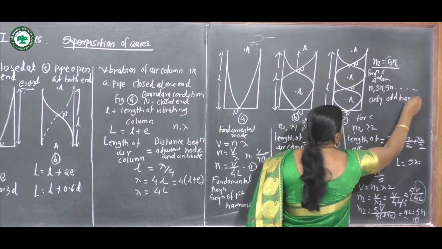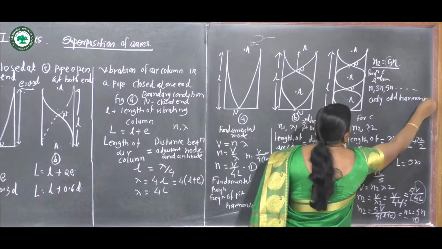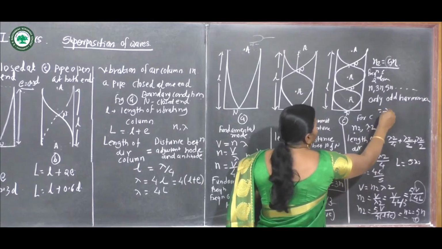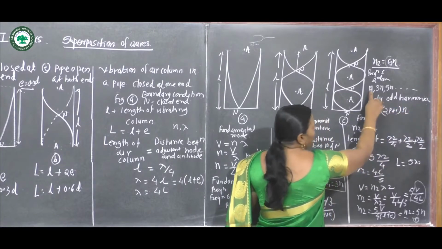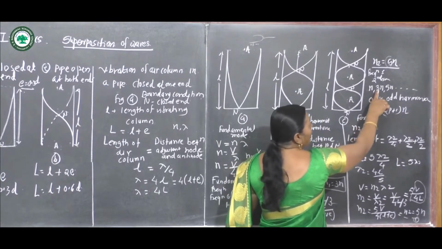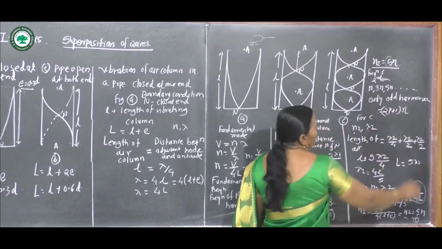And the frequency is given by 2p plus 1 into n. Here 1n, 3n, 5n, these are the odd numbers.